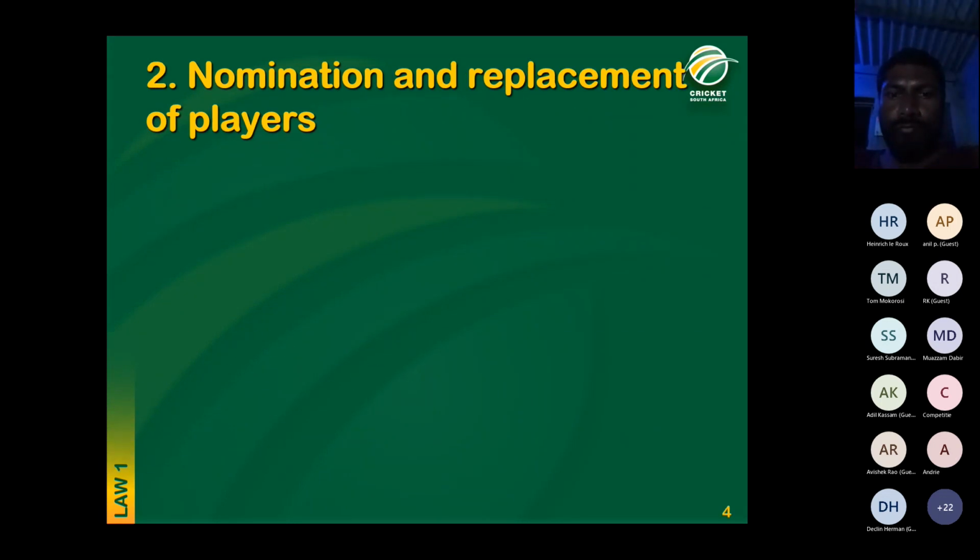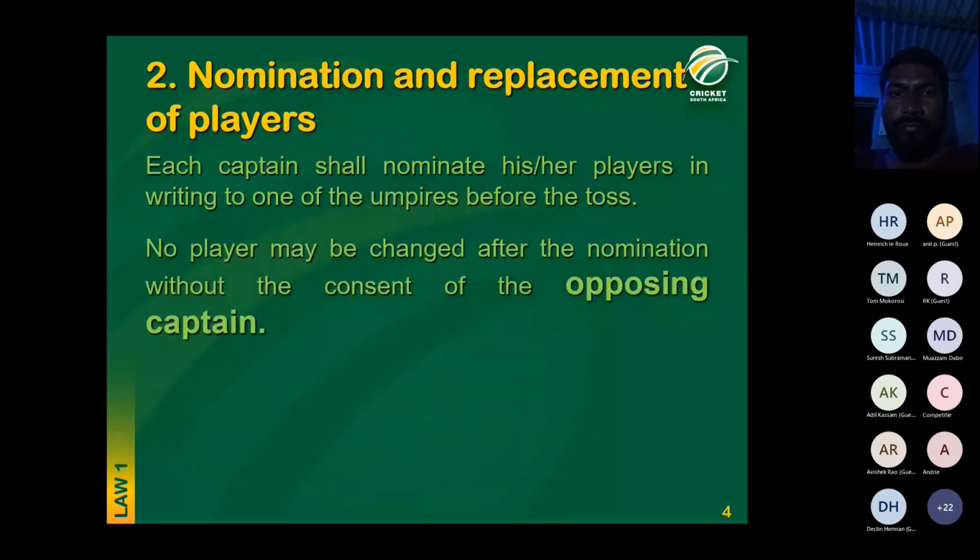In terms of the nomination and the replacement of players, when the toss takes place, each captain needs to nominate his or her players on a piece of paper and hand that piece of paper over to one of the umpires, either before the toss or at the toss. Once the toss has taken place and before the game starts, no player may be changed after the nomination without the consent of the opposing captain.